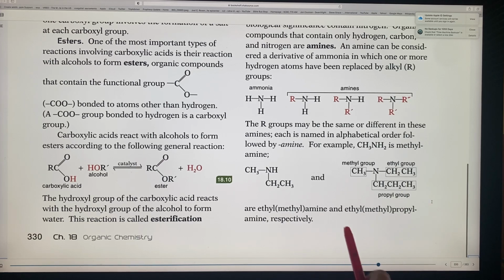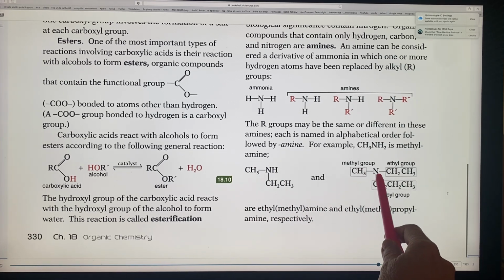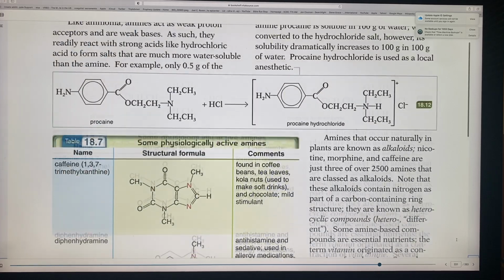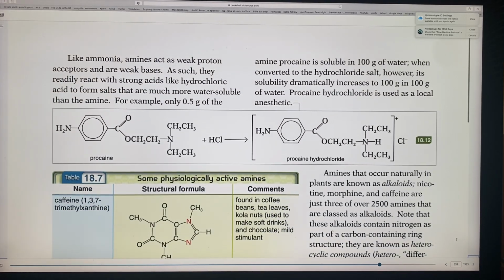Ethyl, methyl, amine. Ethyl, methyl, propylamine, to type. See how they did that? Here's an amine, and then methyl group, ethyl group, propyl group, amine. These can be very complicated. Well, they're all kind of here.